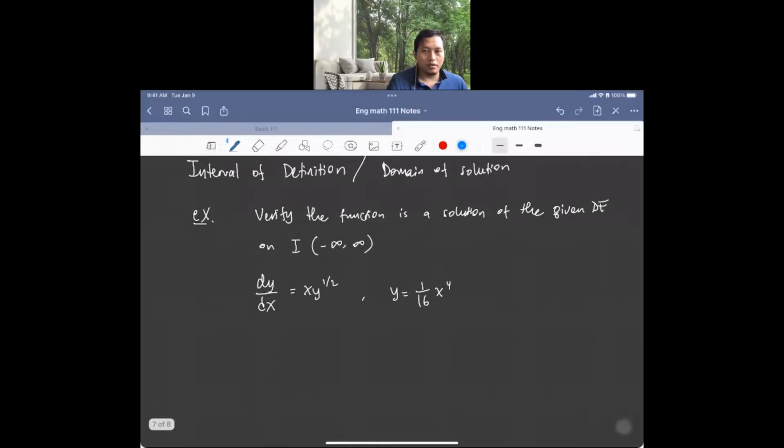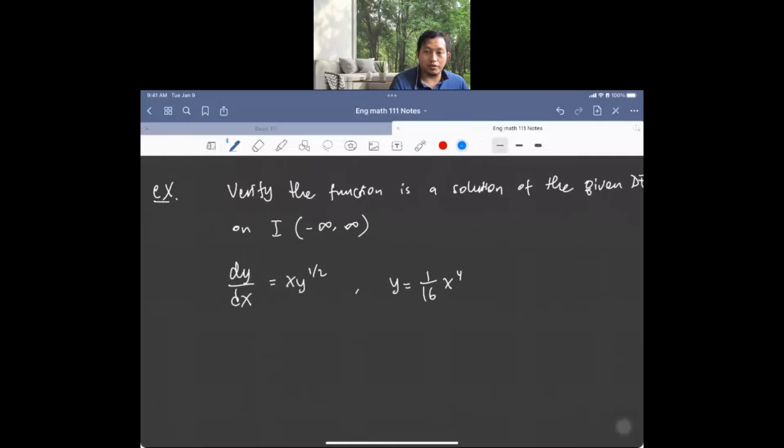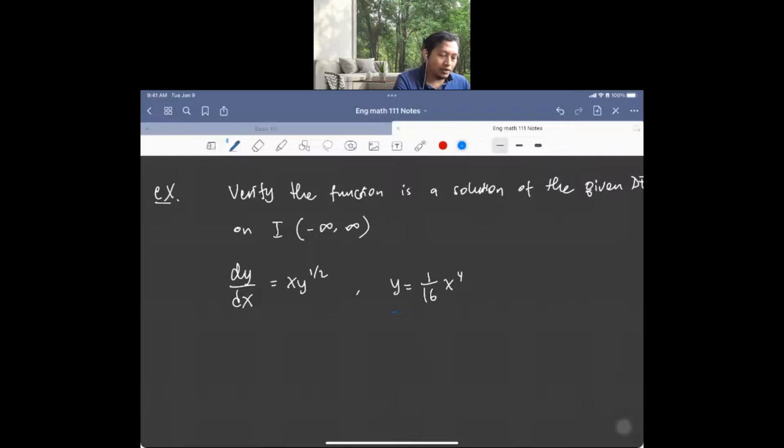Okay, I think it's easy. We are going to look at the problem here. So we can start from here and try to differentiate and check whether it's correct or not. So dy over dx from here, we're going to have 4 over 16 x cubed, or x cubed over 4.